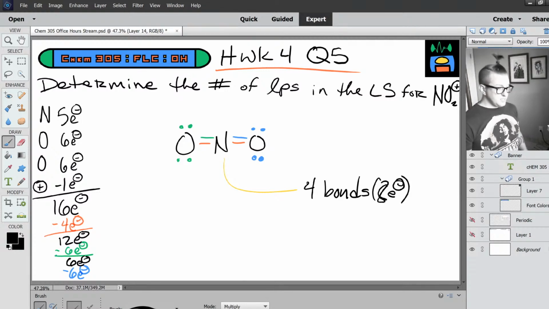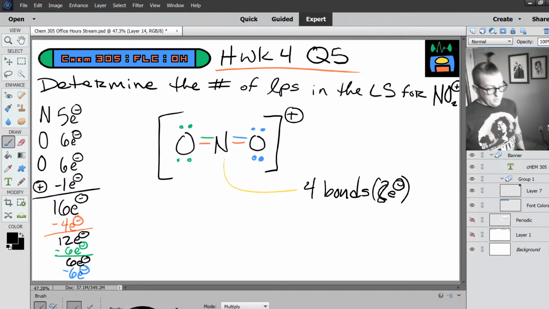Each oxygen still has access to 8 electrons, so every atom has a complete octet. We put the charge on the outside. That is the Lewis structure for NO2 with a positive charge.